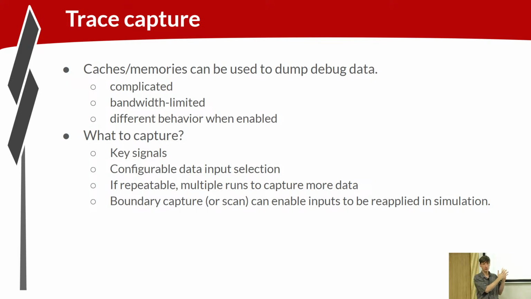If you can repeat the behavior in a cycle accurate way, you can configure the design to capture a certain subset of data, dump that, repeat the exercise, capture some other subset of data, collect all the data up, glue it all together, and get all of the signals that you are funneling into your debug logic.